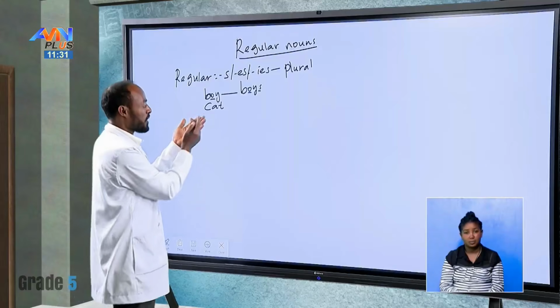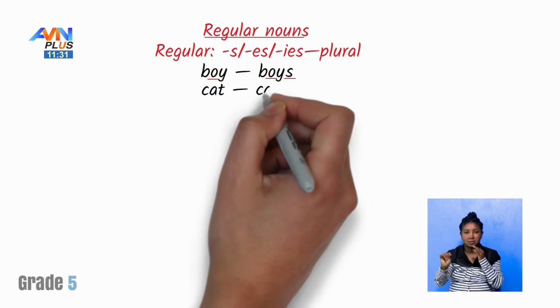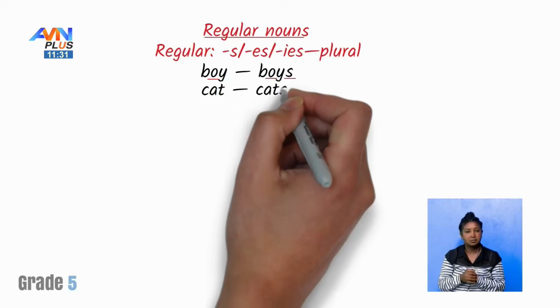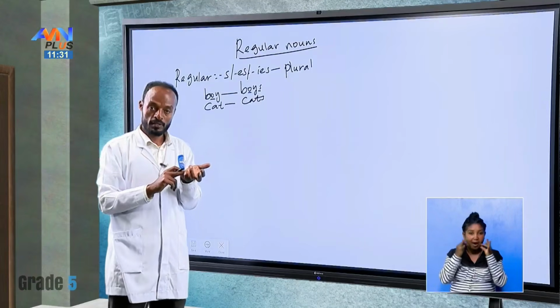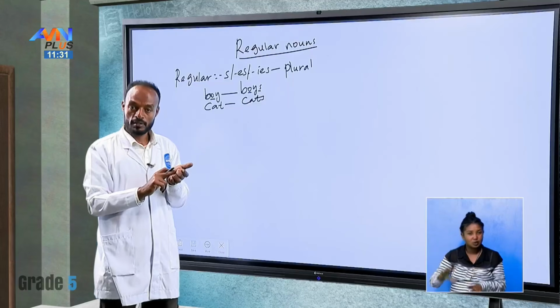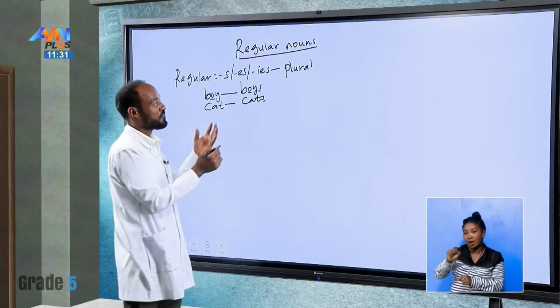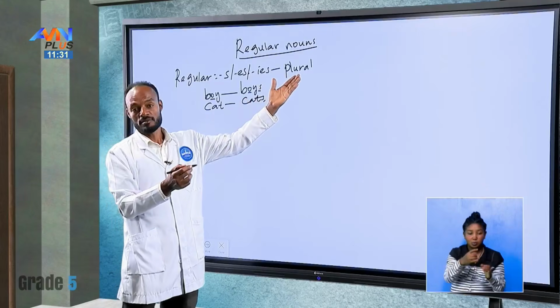Bear in mind. What about cat? Some words just like cat, cow, student, and other words take only S to form plural forms.